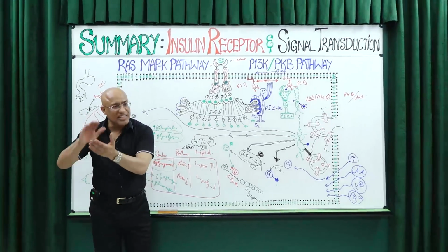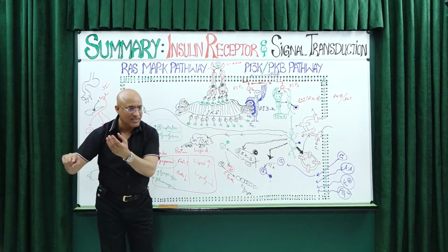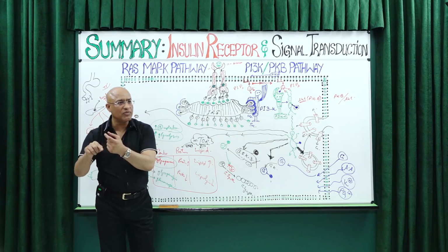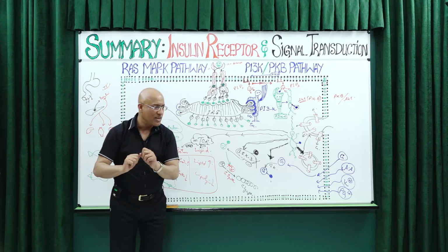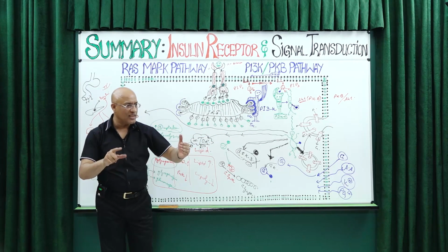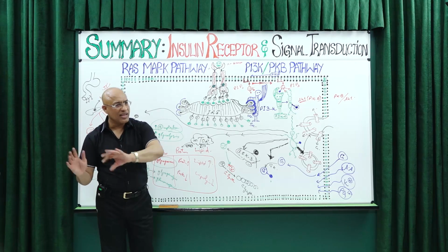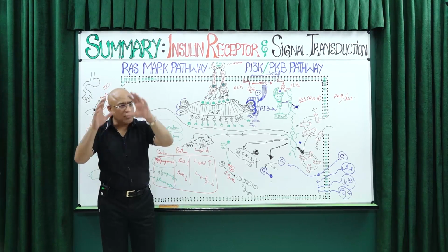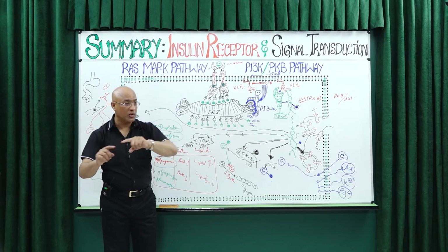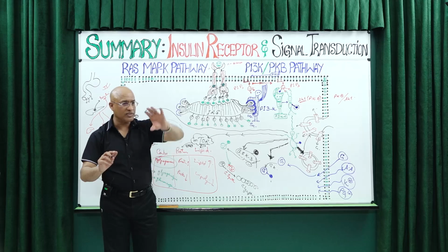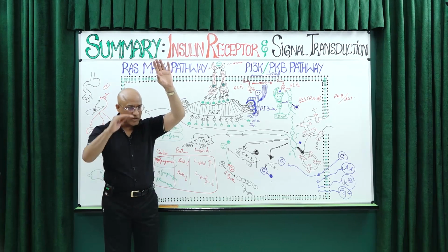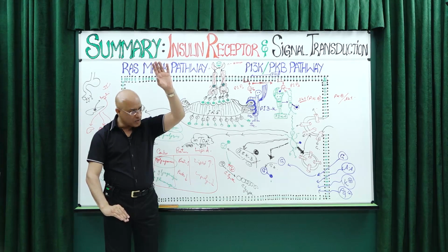GSK3 cannot phosphorylate glycogen synthase (GS), and when GS is not phosphorylated, it is more active, and GS will start synthesis of glycogen. So more glucose is coming in, more glucose undergoing phosphorylation, and more glucose going into the glycogen synthesis pathway. Anabolism and catabolism do not go together simultaneously. So if glycogen synthesis is going up, what should go down? Glycogen breakdown should go down, and gluconeogenesis should go down.